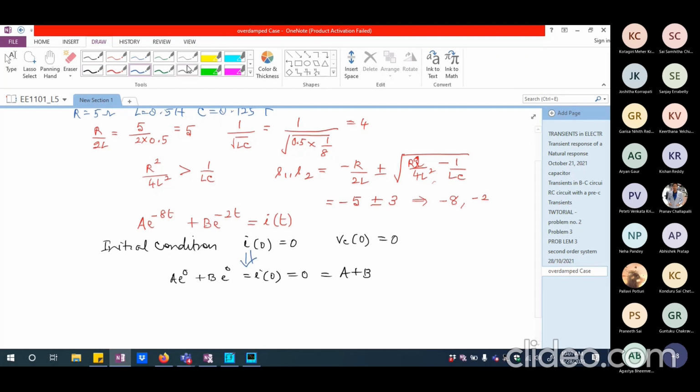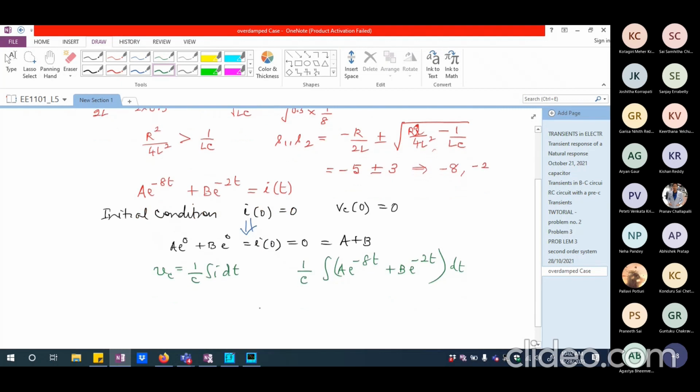Now VC of 0, how do I get? I have to write basically 1 by C integral I dt is VC, right? And VC of 0, if I want to calculate, I should say 1 by C integral of A e power -8t plus B e power -2t, right? This is what I have to calculate. So this will be this 1 by C, that is 1 by 0.125, which is 8.